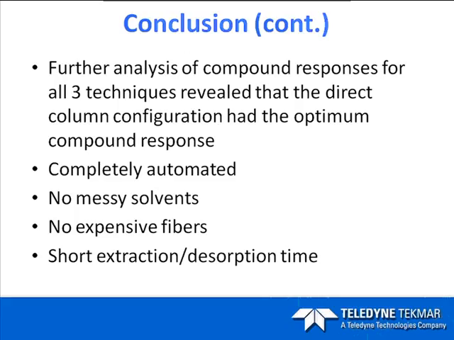So the only additional cost that you have other than a regular purge and trap system is using a 10x trap, and you don't have any additional consumables to buy in order to perform this analysis.